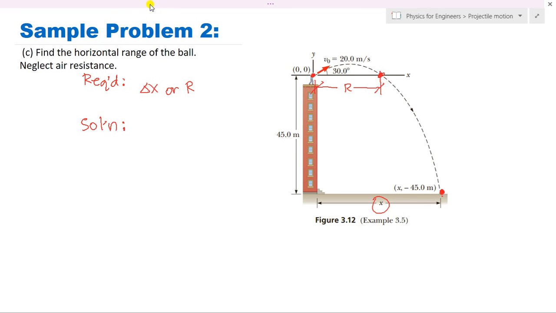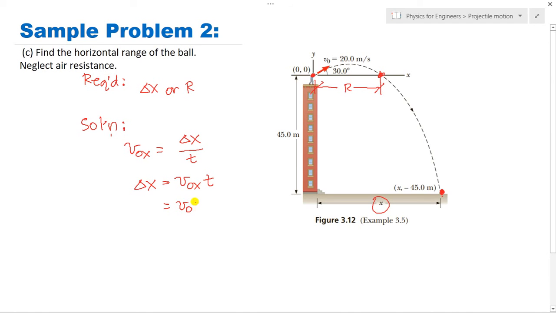So we go to the formula on the horizontal motion, or the rectilinear motion. We know that the velocity along x, Vox, is equal to the displacement all over time. Then displacement is just equal to Vox multiplied by the time, and Vox is just equal to the initial velocity times the cosine of the throwing angle.